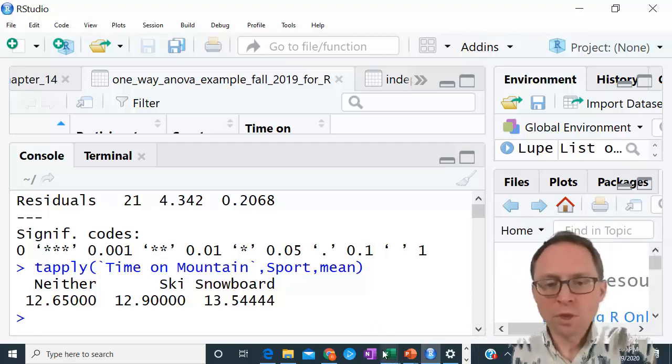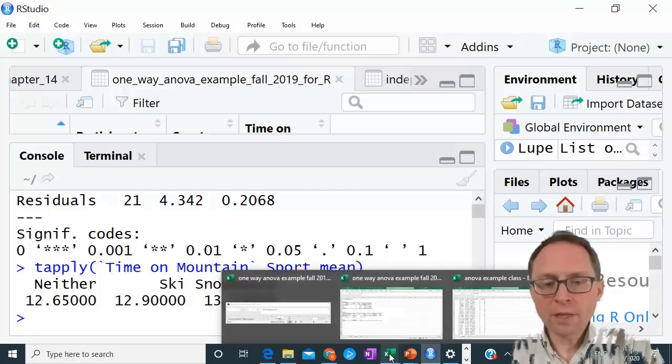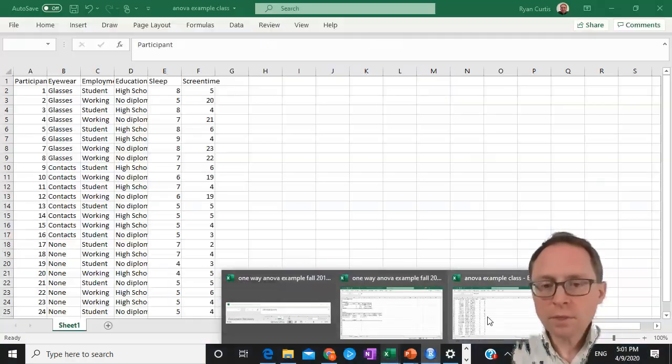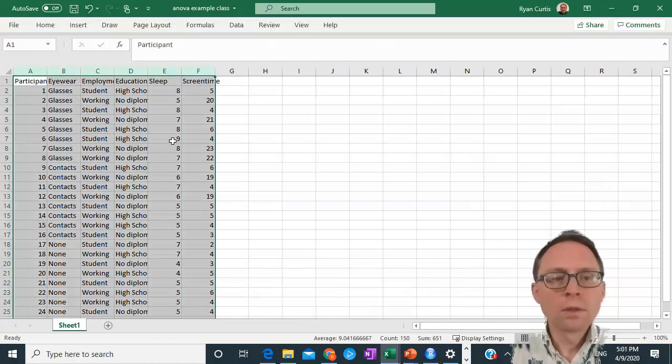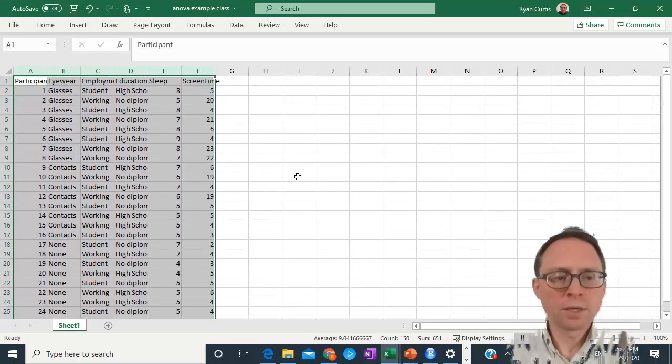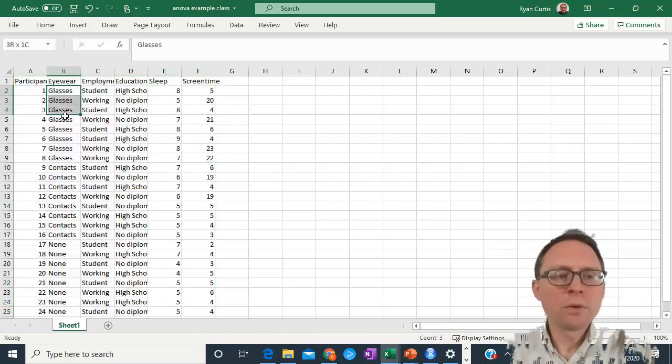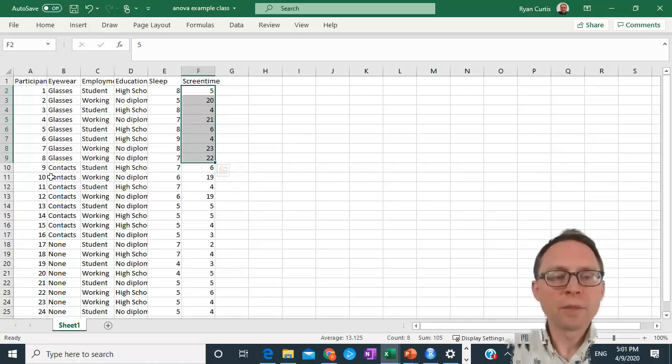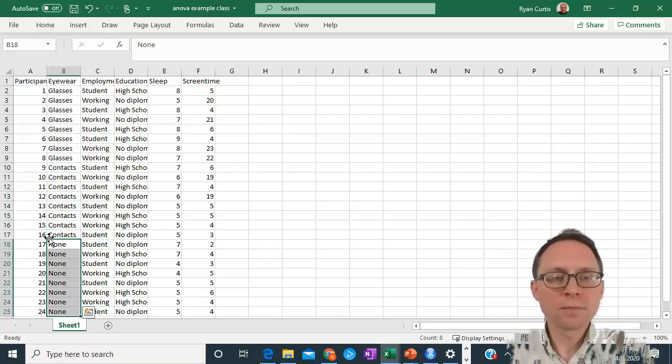So go ahead and calculate with these data right here. All right. In this case, I have 24 people again. And I want to know, do people who wear glasses watch significantly more screen time than people who wear contacts or people who wear neither contacts nor glasses?